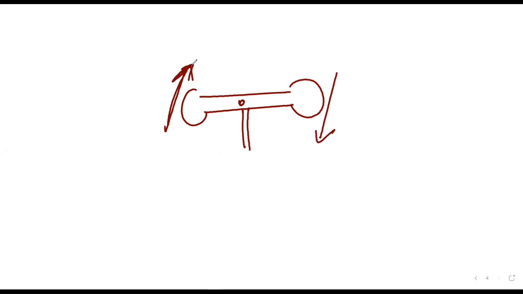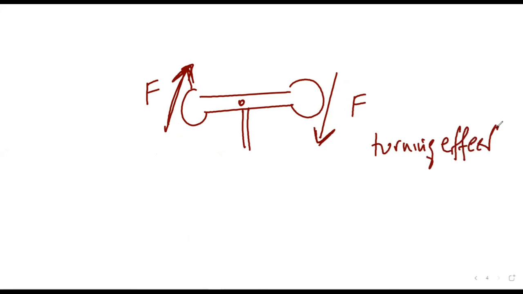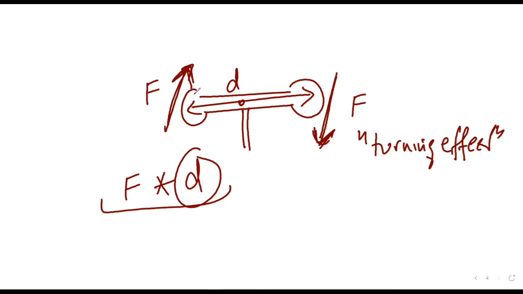Both the forces would be equal, and they would produce a turning effect. So you take either force, you multiply it by the perpendicular distance between the two forces. Please remember that this whole distance is called the couple arm. So Sivang, any doubt?